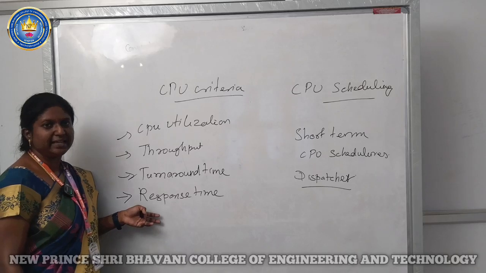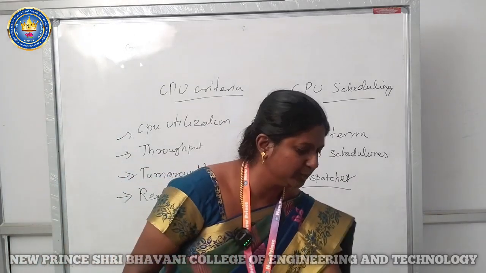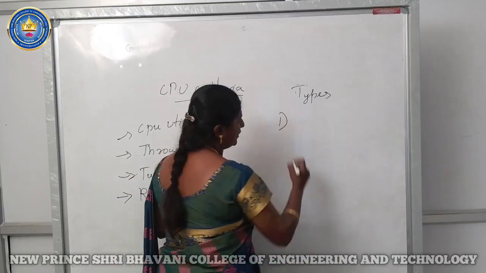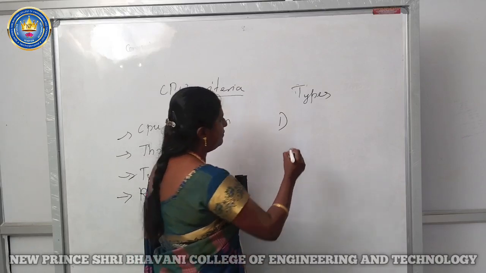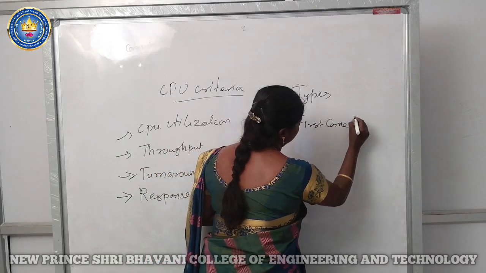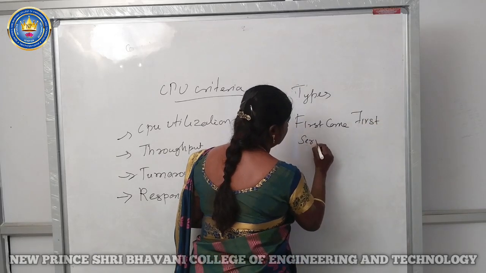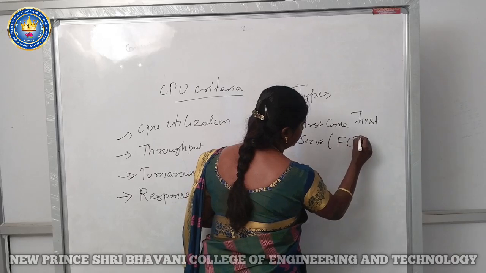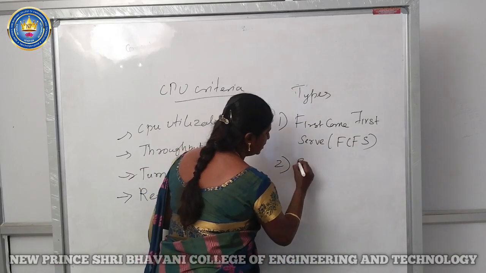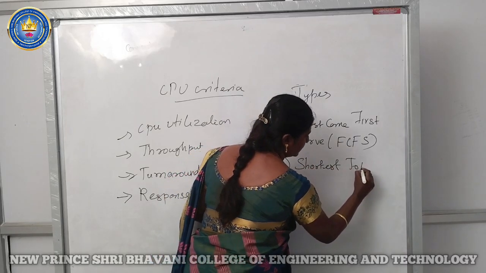And then next we can see the types of scheduling in the CPU. First, first come first serve, which we can call FCFS. Second, shortest job first.